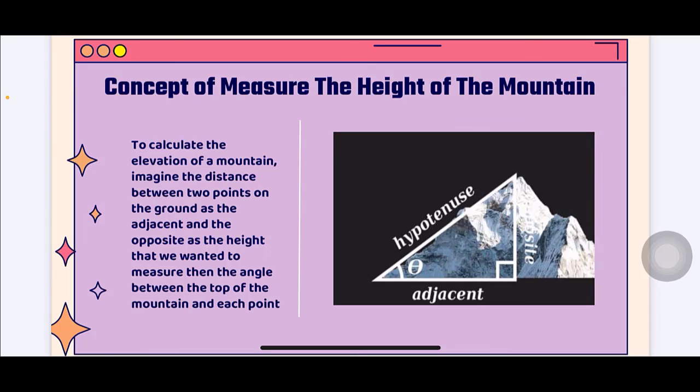Firstly, to calculate the elevation of a mountain, imagine the distance between 2 points on the ground as the adjacent, as we can see in the diagram, and the opposite as the height that we want to measure. Then, the angle between the top of the mountain and each point.